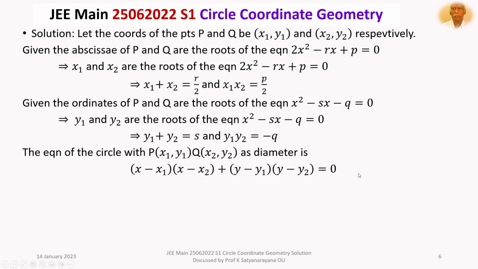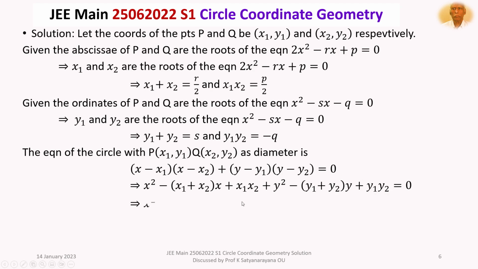Multiplying, in the first product we get x square minus in brackets x1 plus x2 times x plus x1 x2. In a similar manner, in the second one, y square minus y1 plus y2 into y plus y1 y2 is equal to 0. We know x1 plus x2 is r by 2, x1 x2 is p by 2, y1 plus y2 is s, and y1 y2 is minus q.